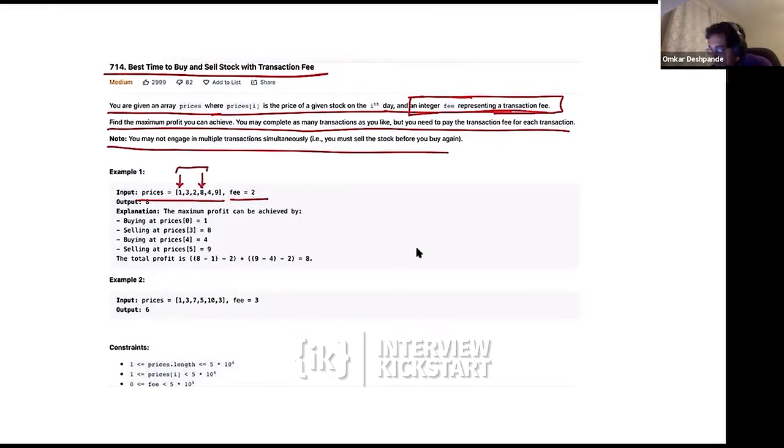But then you would pay a $2 fee on that. And then again, maybe you buy the stock at a price of 4 and sell it at a price of 9. You incur a profit of $5, but then you have a $2 fee. So the total profit you make is 5 plus 3, which is 8.